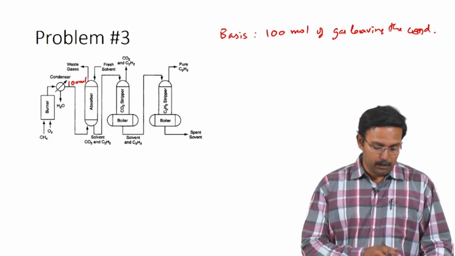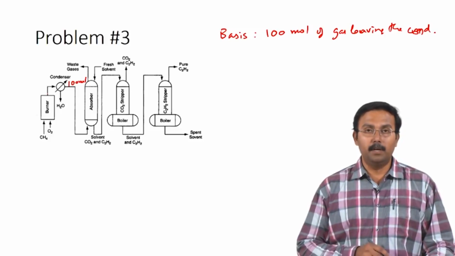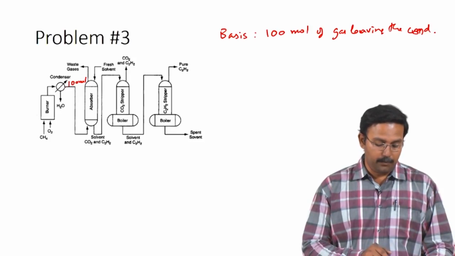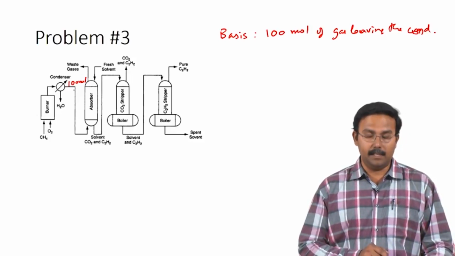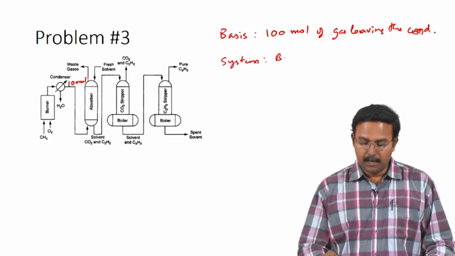So, here we could choose to use the first unit. However, we do not have the information about the exit stream which is leaving the burner. The information we have is for the gas stream which is leaving the condenser. So, the first system which we can choose would be the burner plus condenser.